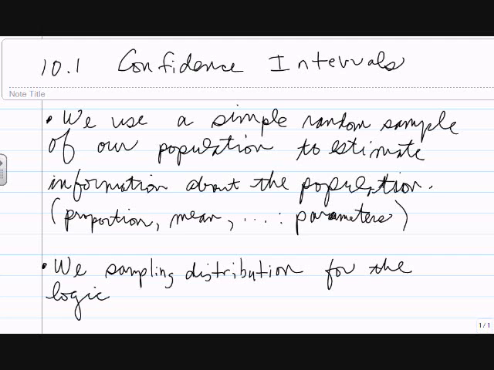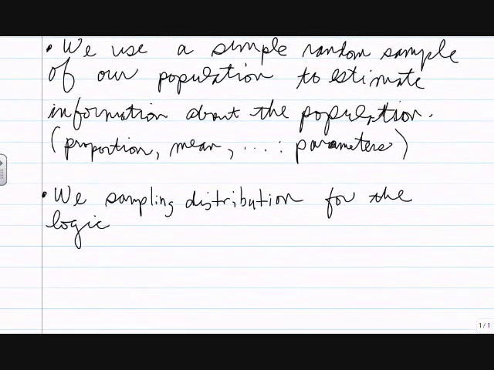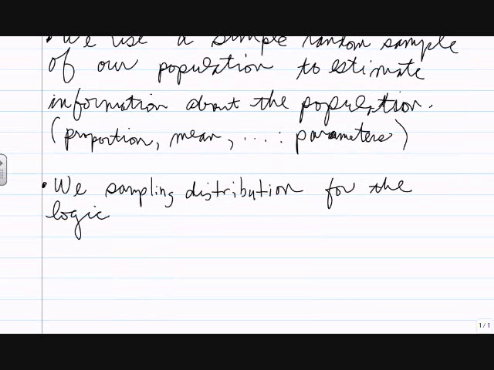So, the sampling distribution. We know something about sampling distributions. One thing we know may be the shape. What's the shape of a sampling distribution? Approximately normal.